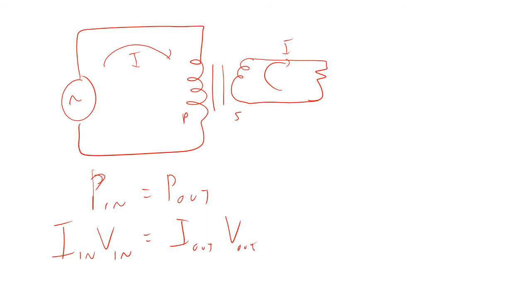Or if we use our notation of primary and secondary, I primary voltage primary equals I secondary voltage secondary. And so what would happen is that your transformer would either step up or step down the voltage. We talked about that in lab. So it would either step up or step down the voltage, and the current would likewise change.